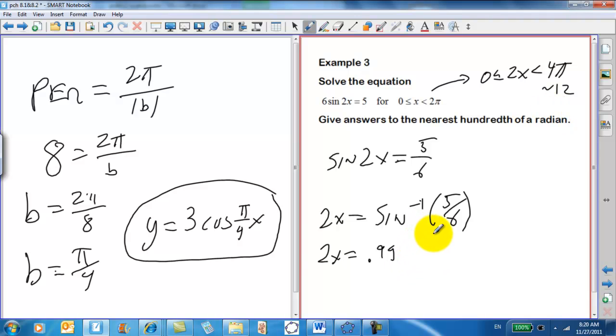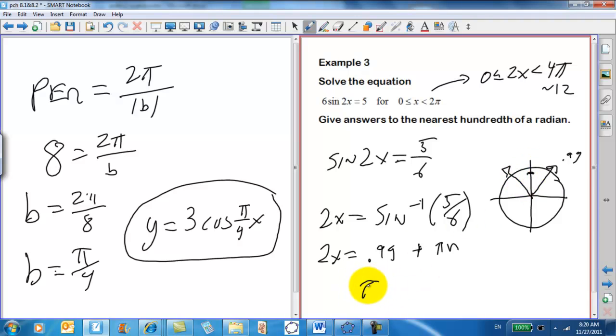And basically, you're going to keep on adding on pi n to this. Also, we have to consider the fact that on the unit circle, we get a y-coordinate of 5/6 in 2 spots, the one that the calculator just gave us, 0.99, but there's also one up here. And that you're going to get from doing pi minus 0.99.